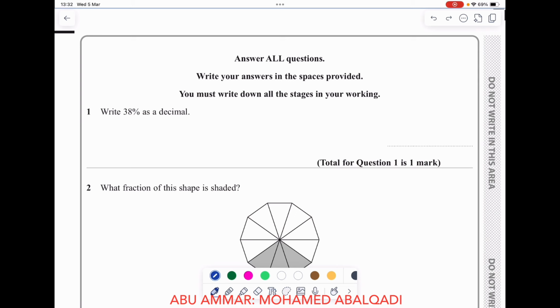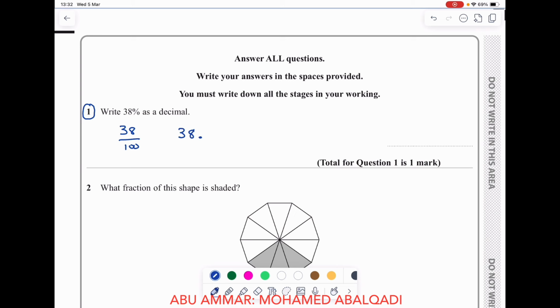Now let us look at our first question, which says write 38% as a decimal. When we are changing percentage to decimal, we divide the number by 100. In this case, we are going to divide 38 by 100. With any whole number, the decimal place is at the end.